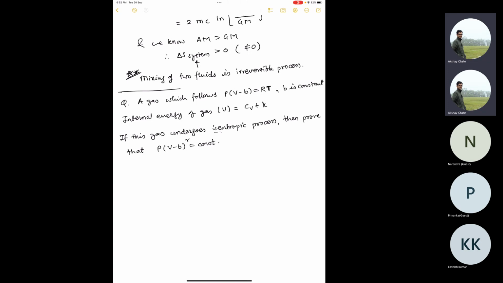Since this is an isentropic process, dS will be 0, so dU plus PdV will be equal to 0. Then you do further simplification using the governing equation P(V minus B) equal to RT, and finally you should get the desired expression.